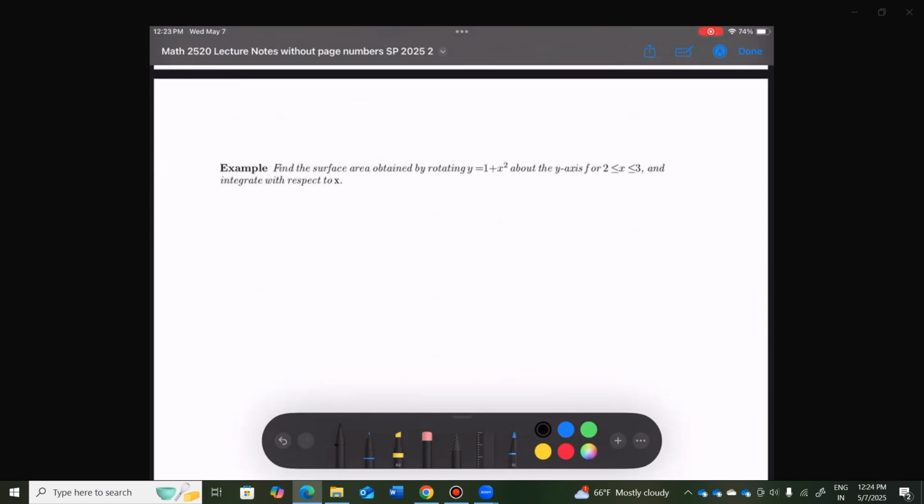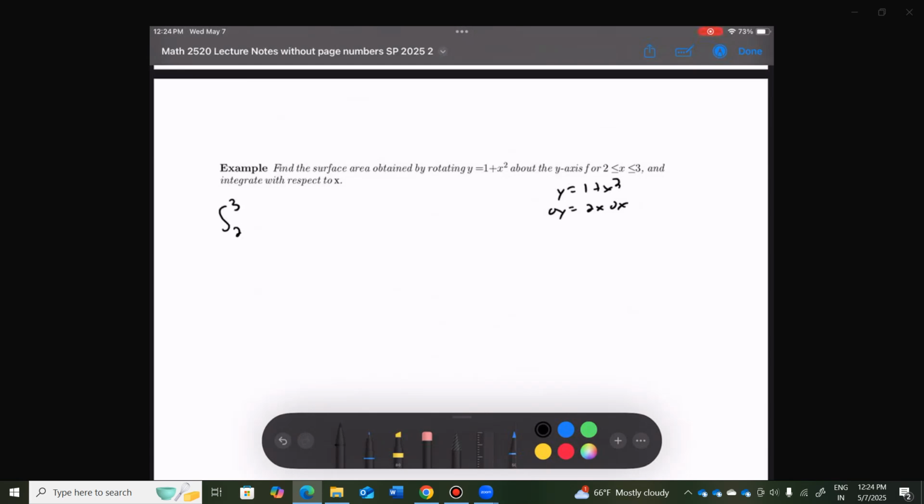Right, this next one we're going to integrate with respect to x, and our function will be y equals 1 plus x squared. So with y equaling 1 plus x squared, dy is going to equal 2x dx. So we'll start this out.